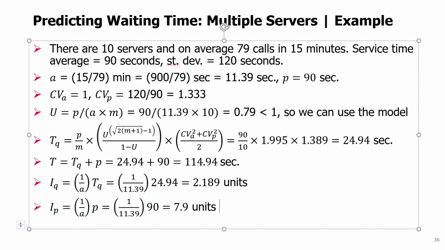This is again not surprising. If utilization is 79%, then on average there will be 7.9 customers in 10 servers.